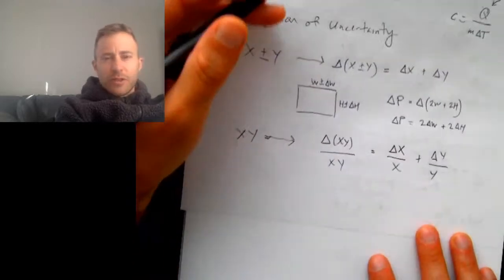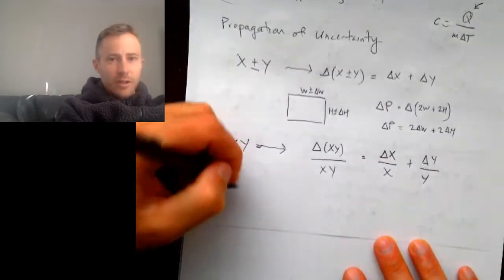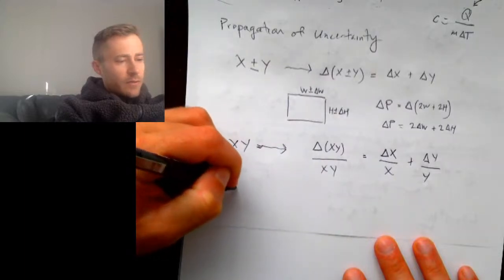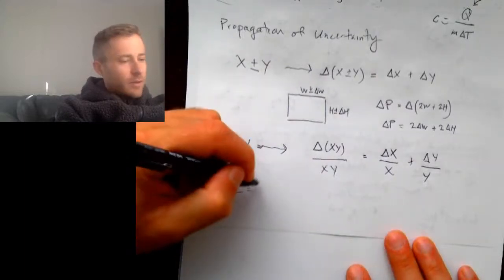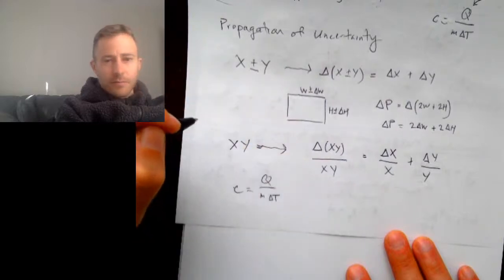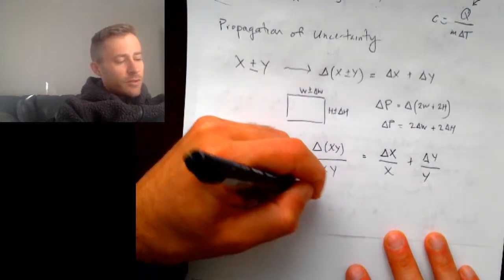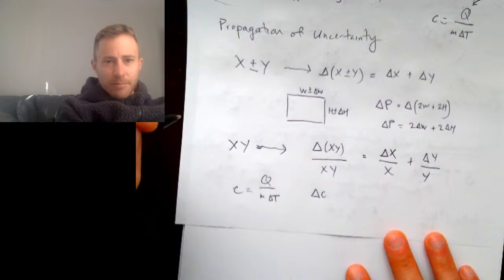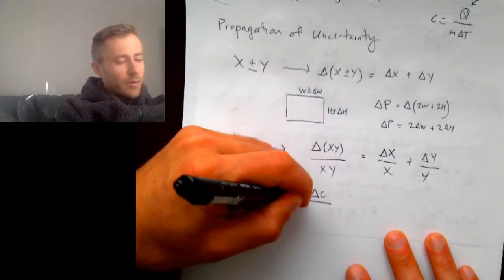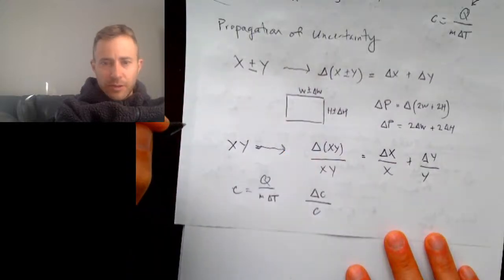So let's take this for example. I have C equals Q over M delta T, and I want to know what is the uncertainty in specific heat capacity. Because this is a bunch of things multiplied together, I would compute the fractional uncertainty.